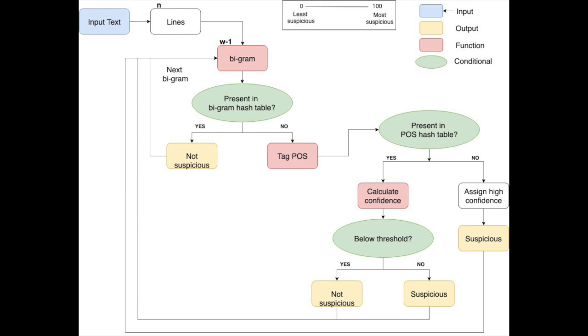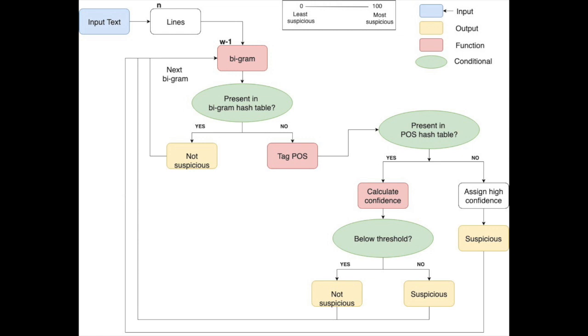The input text is split into lines, and each line is split into bigrams. We look up each bigram in the bigram hash table of the language model. If the bigram is found, it is deemed not suspicious. If it is not found, then it needs to be further evaluated using POS analysis.